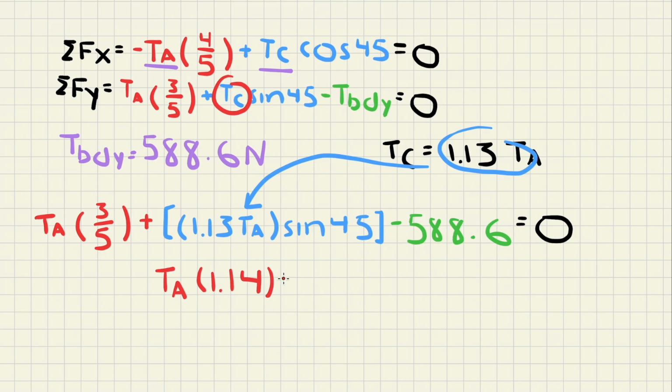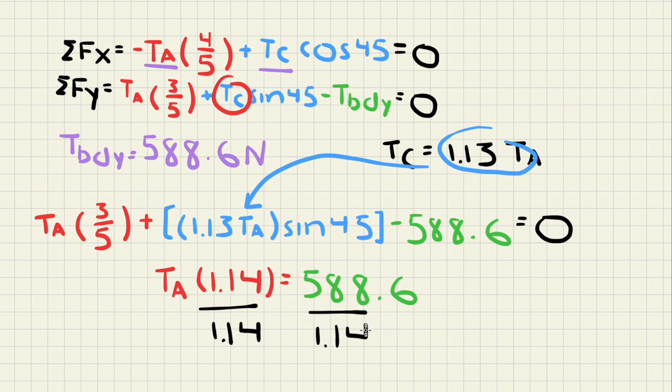And I'm going to move this to the other side of the equation, 588.6, and then it's a pretty simple solve from here. Divide by 1.14, and that's going to give us that TA is equal to 420 newtons.